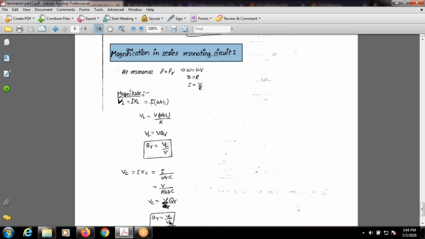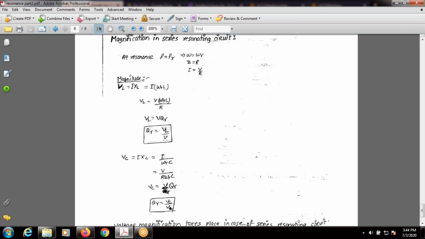I into the impedance of the inductor, that is I into XL, which is omega R into L. Then simply substitute I, which is V by R, the maximum current. Then VL is equal to V by R into omega R L, that is omega R L by R. Omega L by R is the quality factor of an inductor, QR. So from that, QR is equal to VL by V. This is the quality factor in terms of voltage.